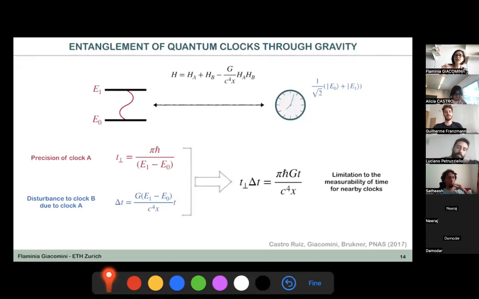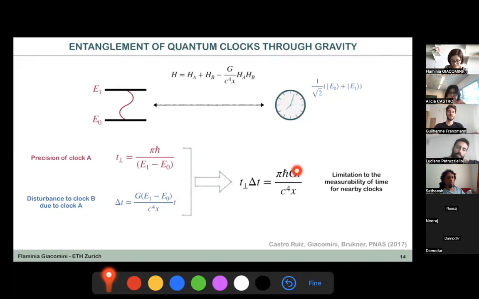You cannot measure time in an arbitrarily precise way when you have two clocks that are nearby and interact gravitationally with each other. That's the fundamental effect that we wanted to bring out here.